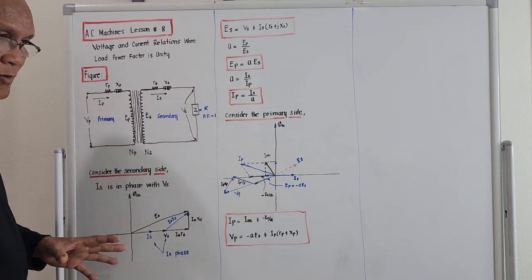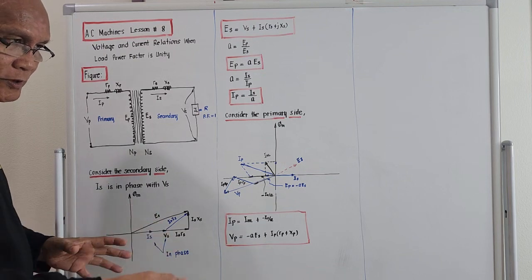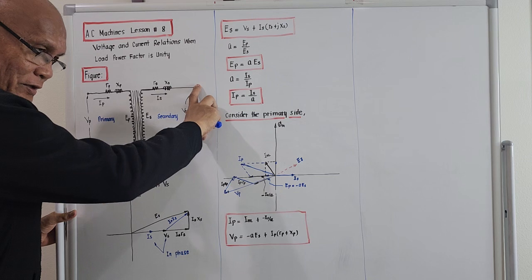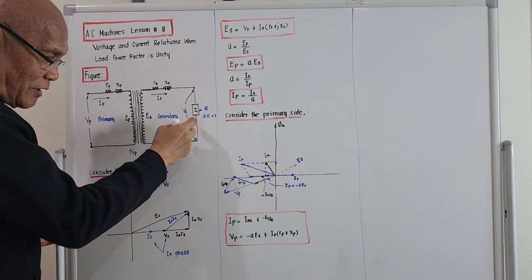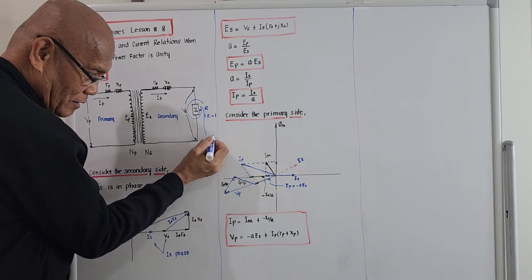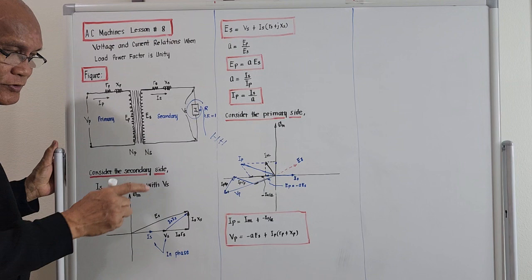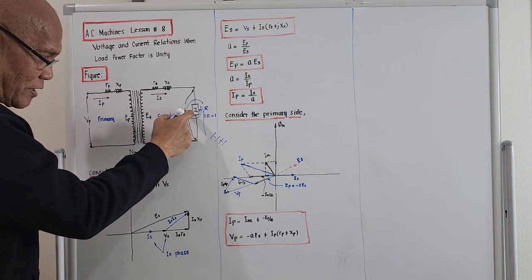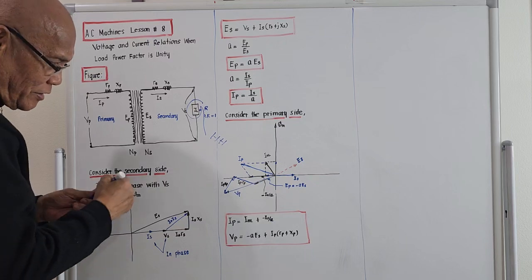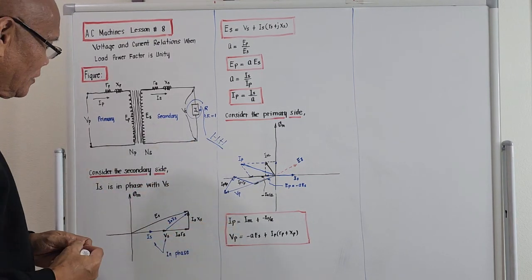So we are now studying the relations of current and voltages if there is a load connected across the secondary. This Z sub L here represents households, or a business entity, with the letter Z and subscript L meaning the total impedance of a load.